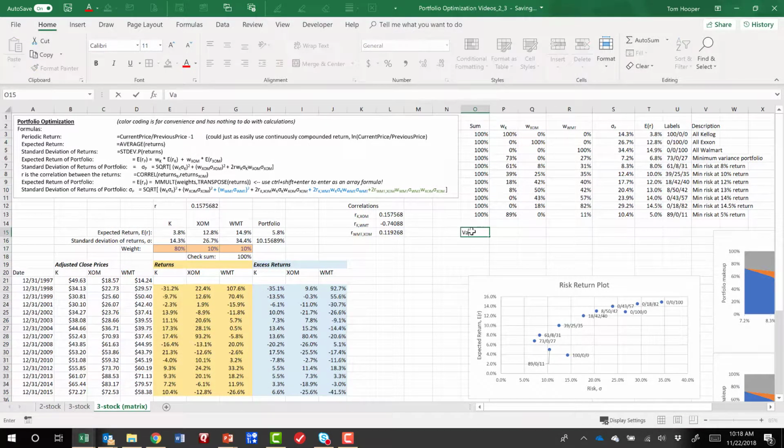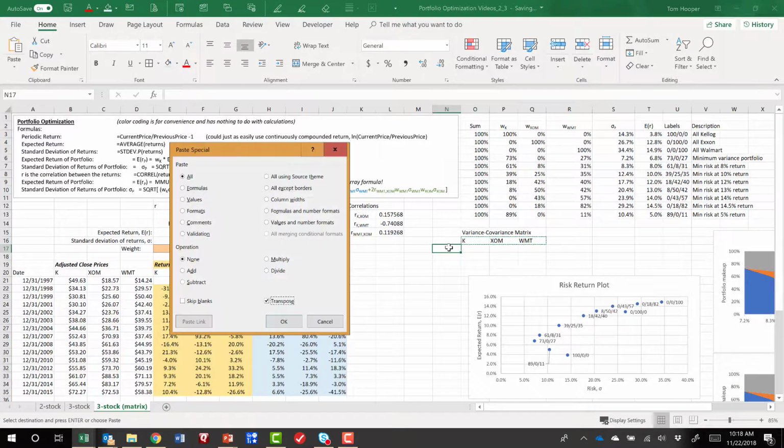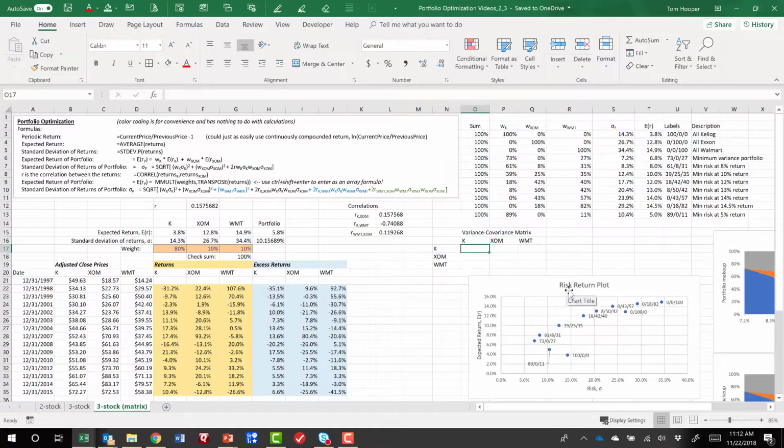Our variance covariance matrix will be a 3 by 3 because we have 3 stocks. And we want to know what Kellogg, ExxonMobil, and Walmart look like in terms of variance covariance. The formula that we'll use to get the variance covariance matrix is itself a matrix formula.